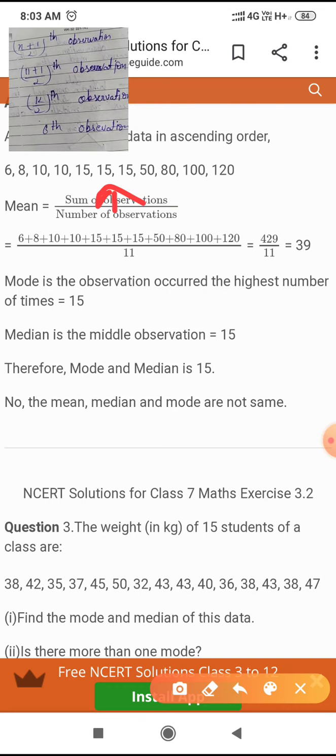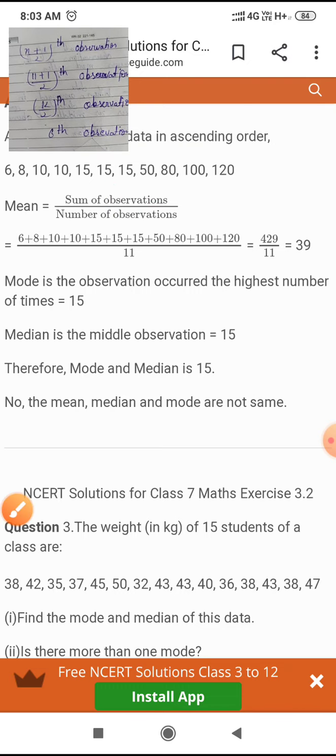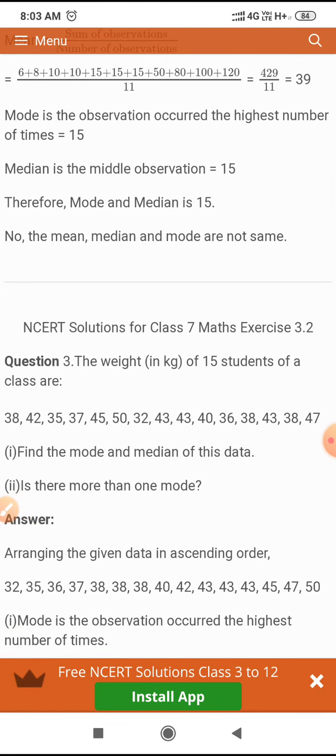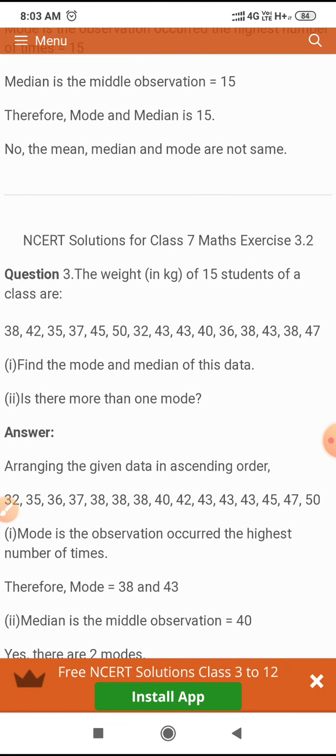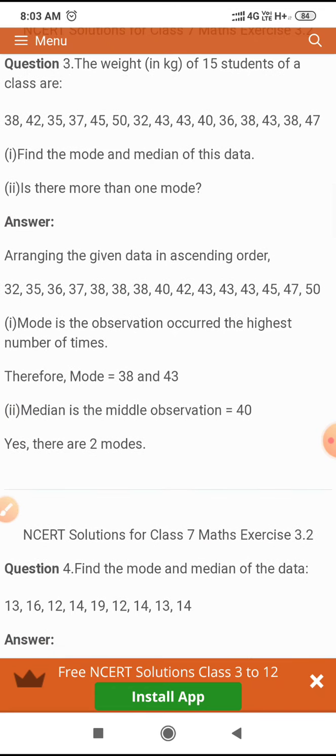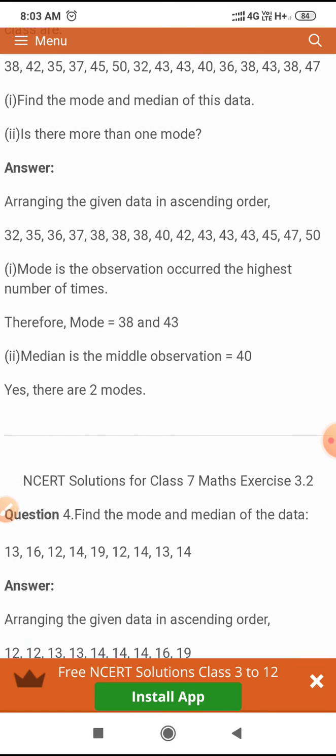Now move to our next question, question number 3. Question number 3 is: the weights of 15 students of a class are given below, and we have to find the mode and median of this data. Is there more than one mode? So first we arrange our data in ascending order.